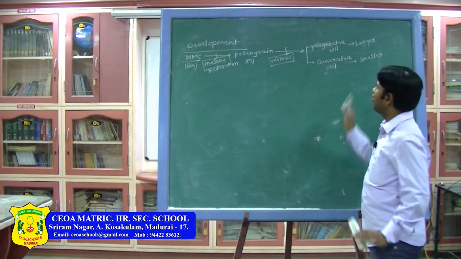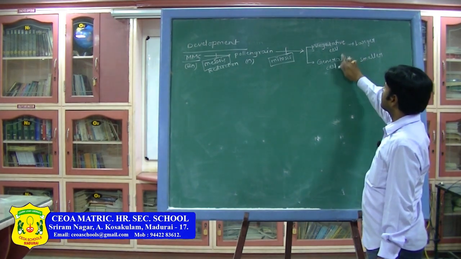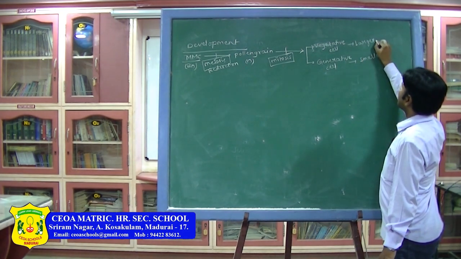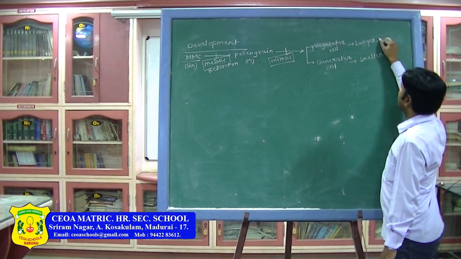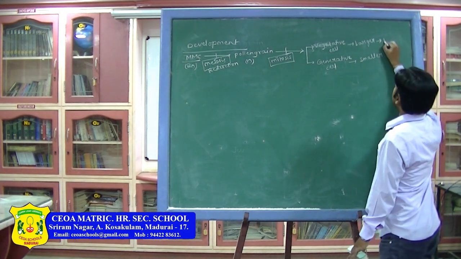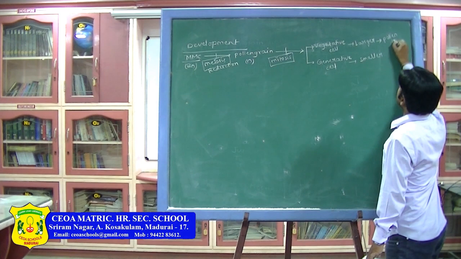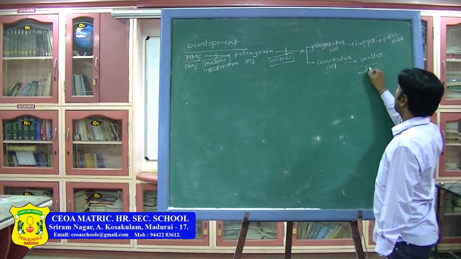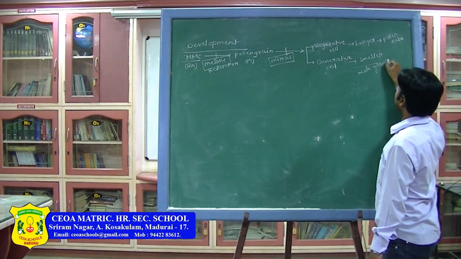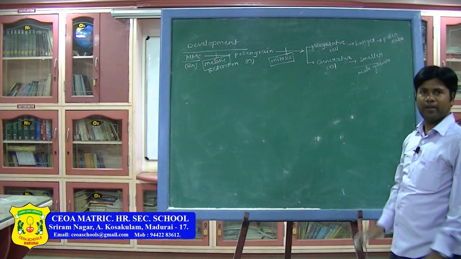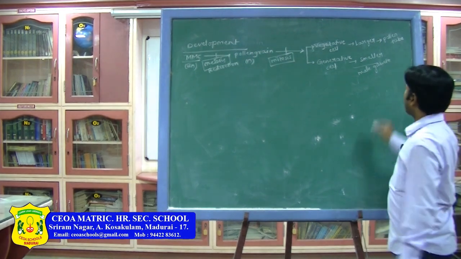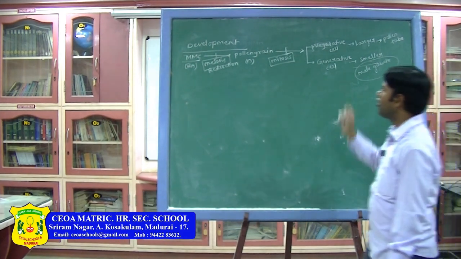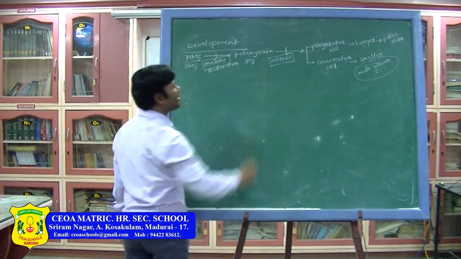We got 2 cells: one is the vegetative cell, another is the generative cell. The vegetative cell, that larger cell, forms the pollen tube. The generative cell gives us a mature male gamete. Now see here, for the formation of the male gamete, how many divisions are needed? Only 2: one is meiosis, another is mitosis.